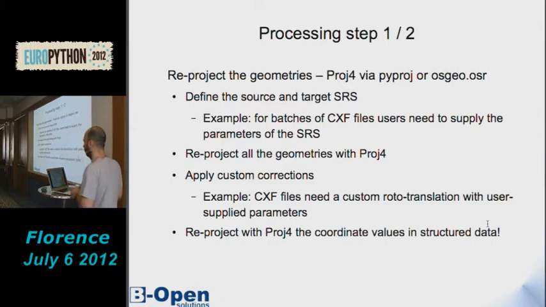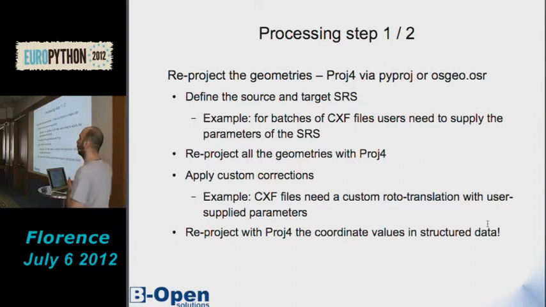This is already not completely trivial, and Proj4 helps you both with the definition and with the reprojection, that is the hard work of turning the coordinate value in one reference system into the coordinate value in another reference system.